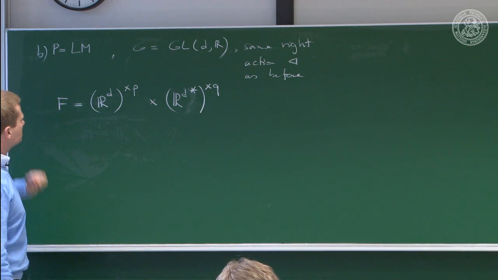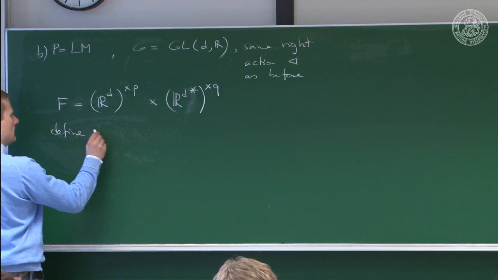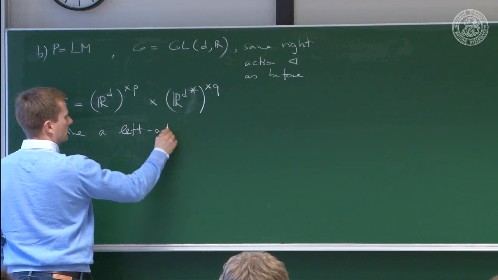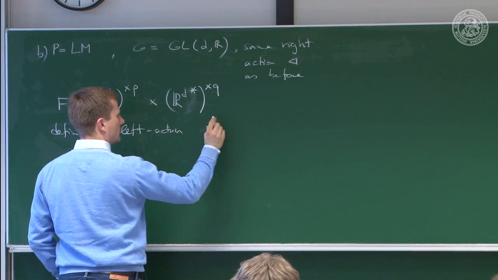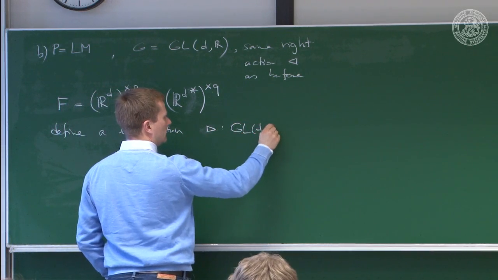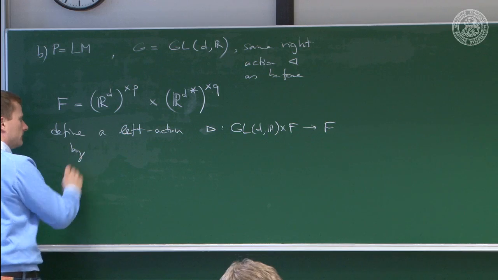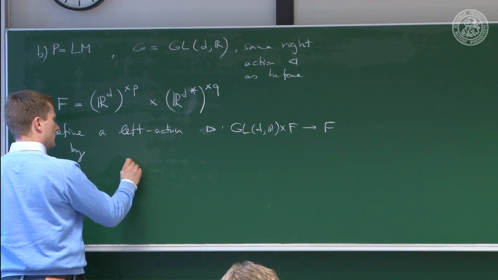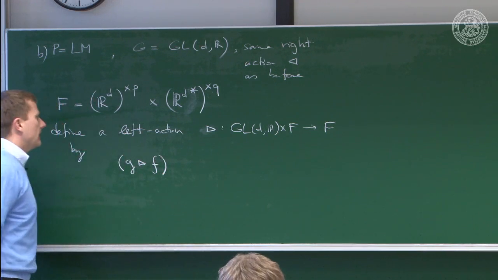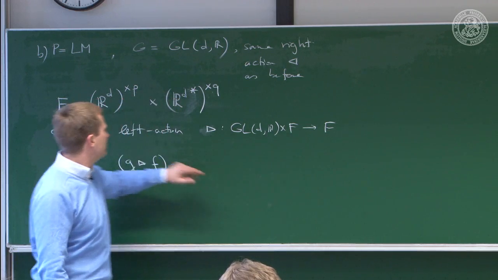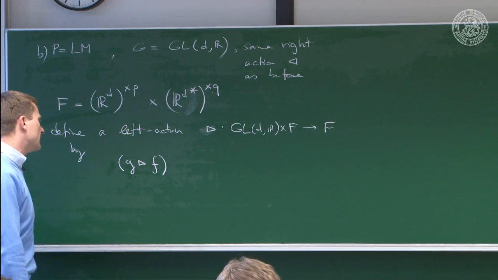Okay, so this is the fiber, and we define a left action of GLDR on this fiber by G acting on an element of F, and the result will lie in F, but F is a space of P copies of RD with Q copies of RD star.